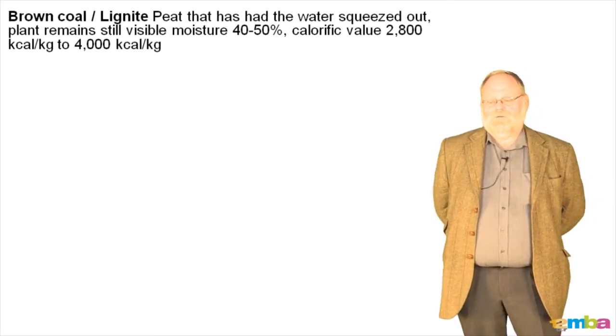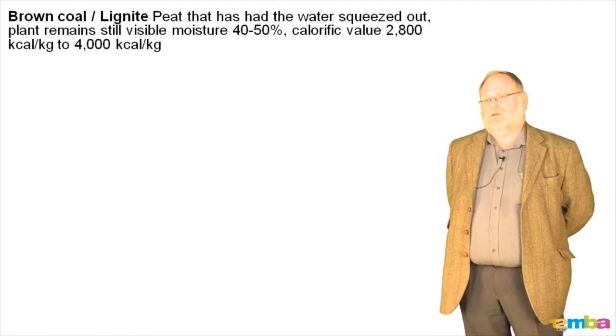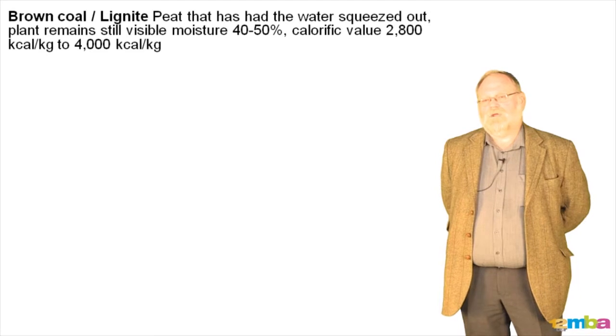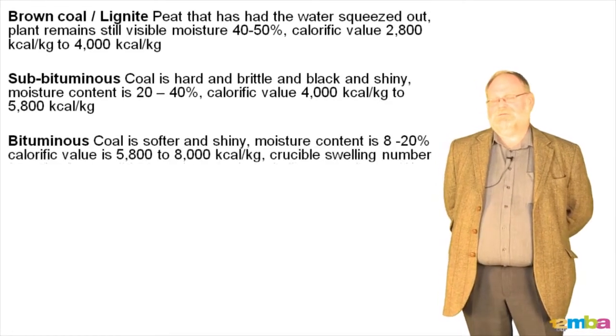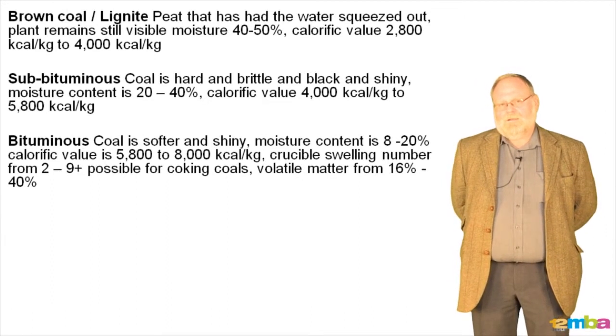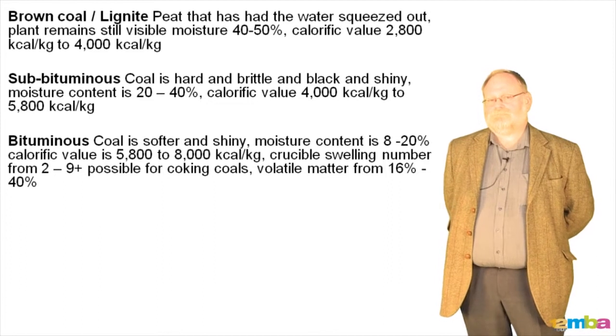Following on brown coal, we move into the black coals, and the grade is broken down into subbituminous and bituminous, and that forms the biggest grouping of the coal grades.